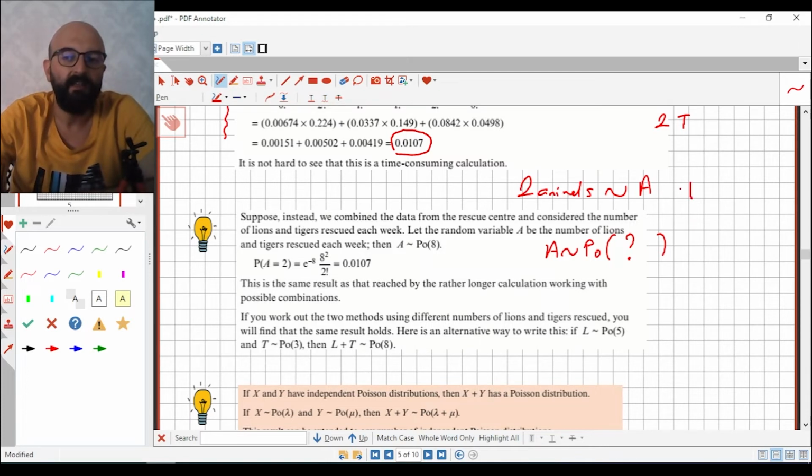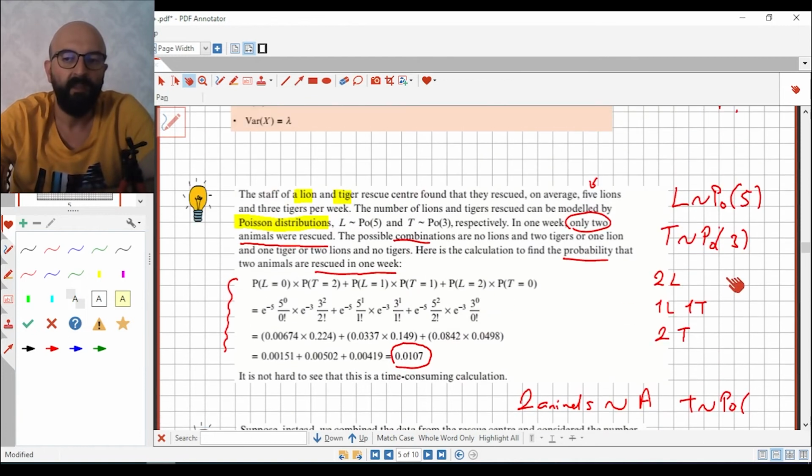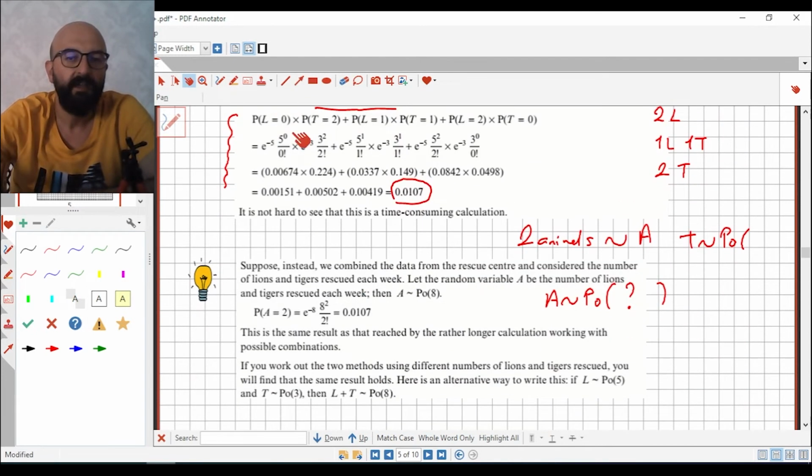For the tigers the expected value is 3, and for the lions the expected value is 5.